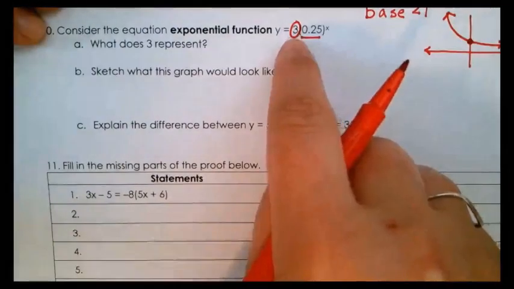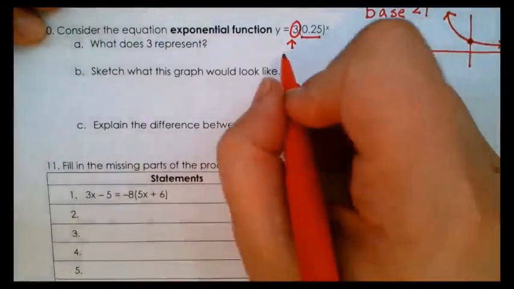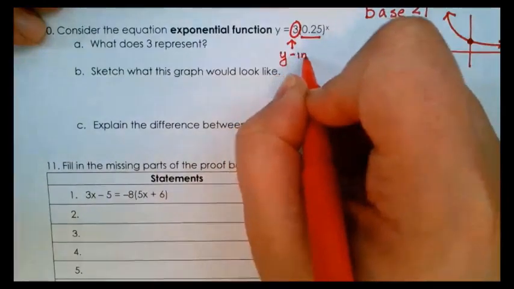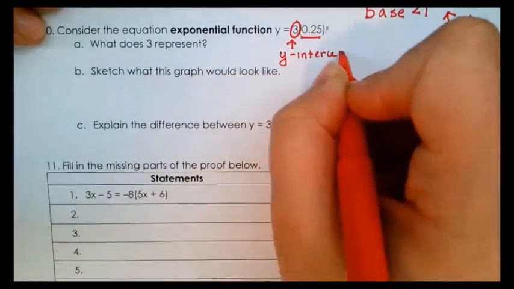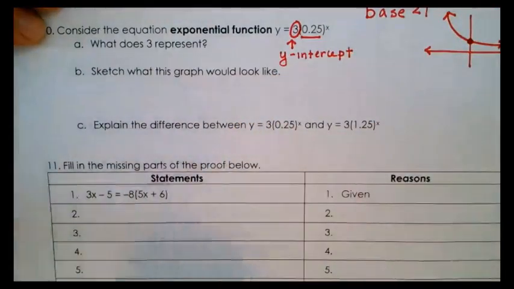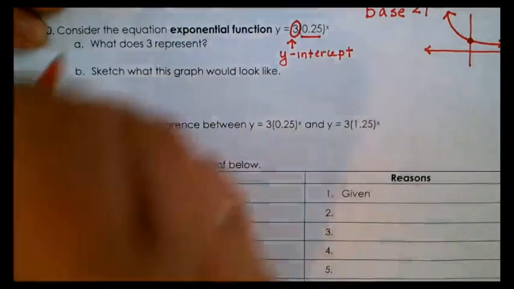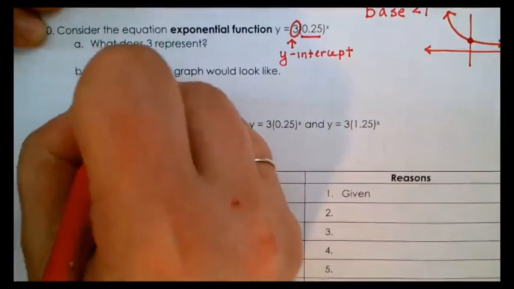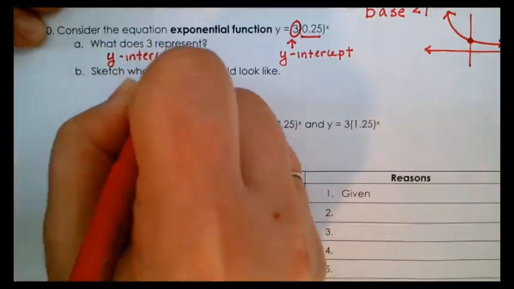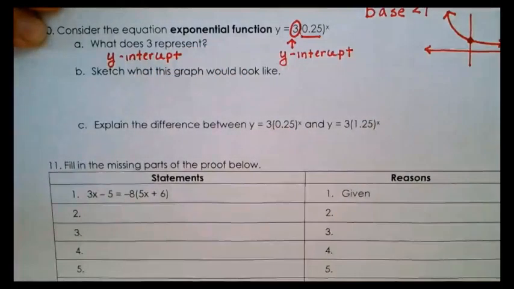So that coefficient to your base is going to become your y-intercept. So the first question says, what does 3 represent? Well, the 3 represents where it crosses the y-axis. It's your y-intercept. No longer is it 0, 1 because we have a coefficient to our base.